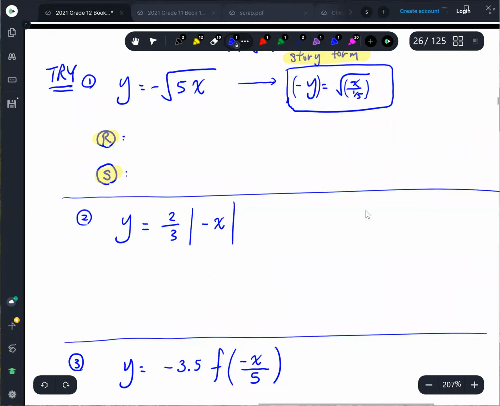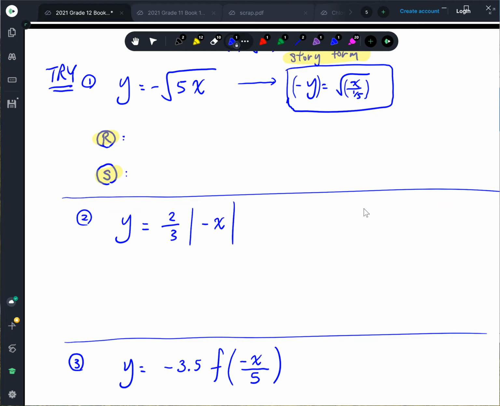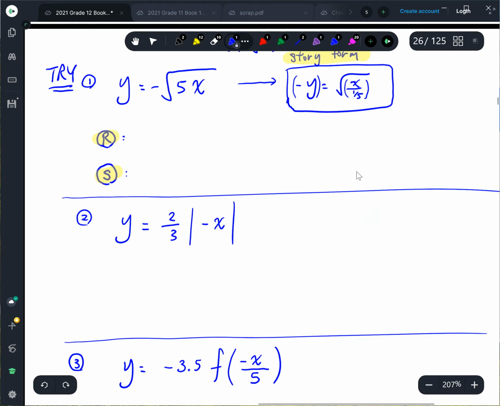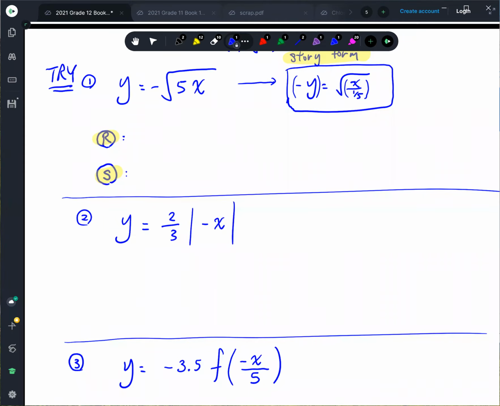Did you have the standard form? Okay, in the standard form, do you see any negatives? Where? It has a negative y. Okay, so what's the rule if you have a negative on the y? Negative with y, reflect over x-axis.